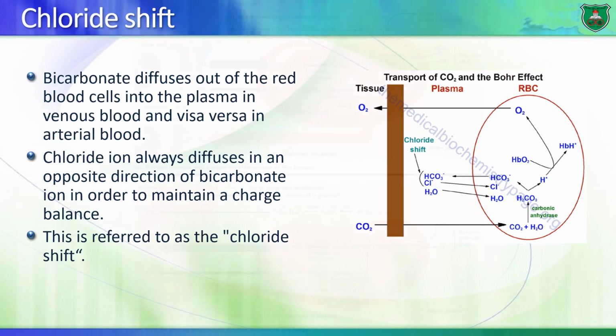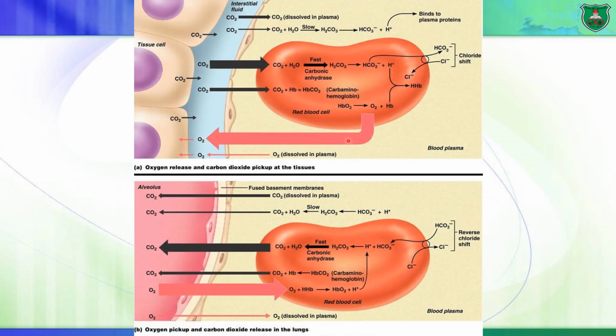So again, what happens here is that in tissues you have production of CO2. CO2 goes into red blood cells and it combines with water, catalyzed by carbonic anhydrase, forming carbonic acid, which dissociates into the ions, bicarbonate ions and protons. Now the bicarbonate ion goes out and the chloride ions would get in, again balancing the charge.